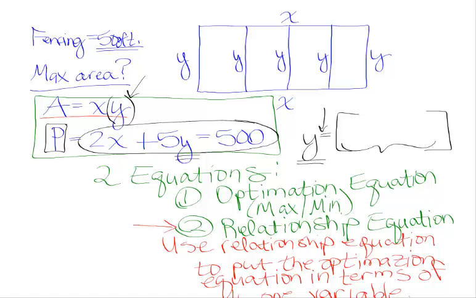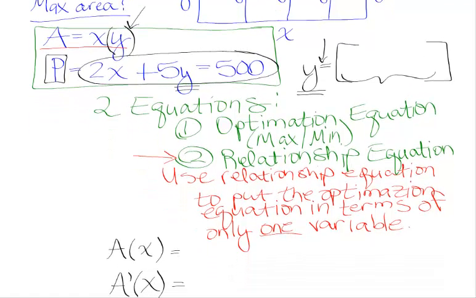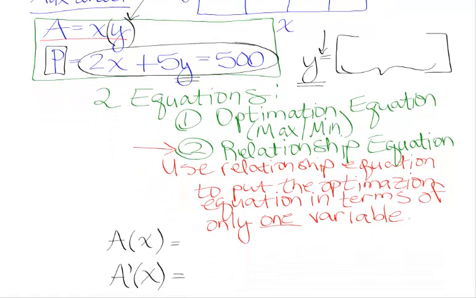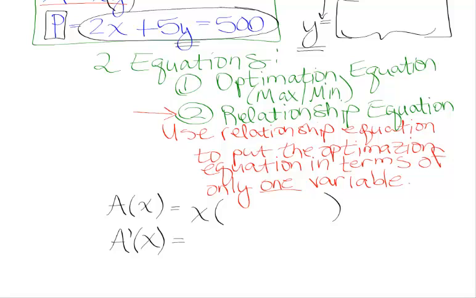Remember, that's what equals allows me to do. So let's go back down here. I want the area function completely and totally in terms of x. So I'm going to take my relationship function p, and I'm going to solve that for y.